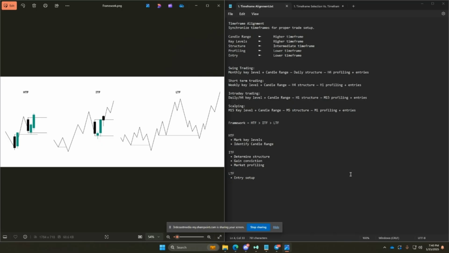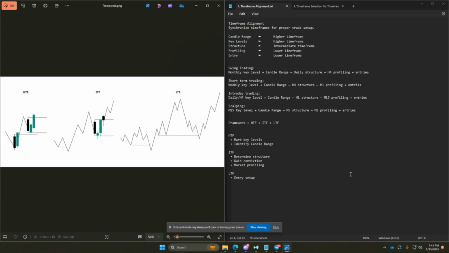Before we go into further detail about how to use time frame alignment, or before we demonstrate using time frame alignment, I just want to spend some more time discussing the different time frames that we'll be working with.